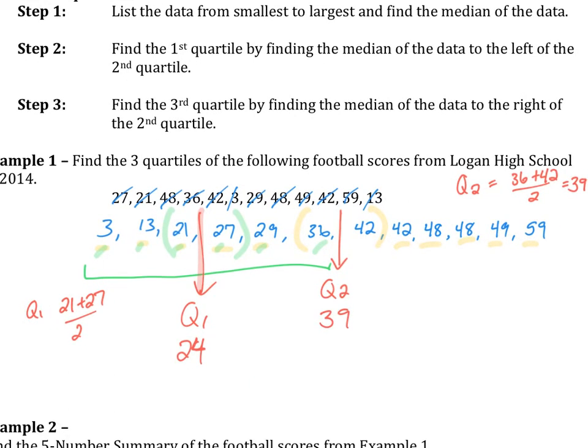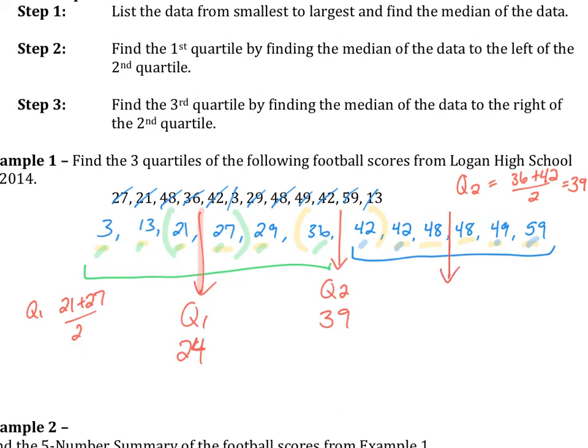All right, and then to find, let's go with blue, the third quartile, we have to go to the right of the median. And I'm going to cross off numbers, so count to the middle, 42, 59, cross off, 42, 49. And it looks like as we cross off, we're going to get to right here.